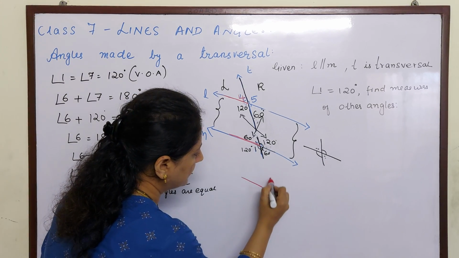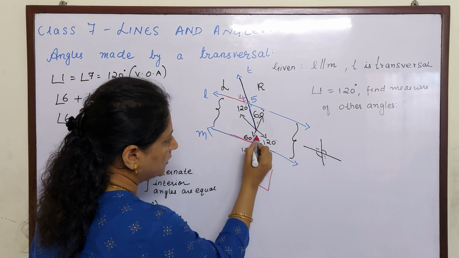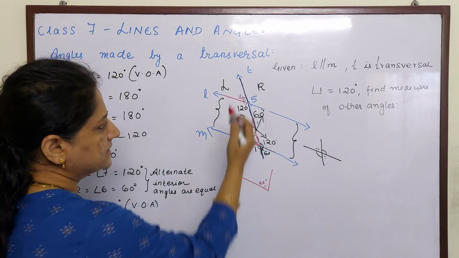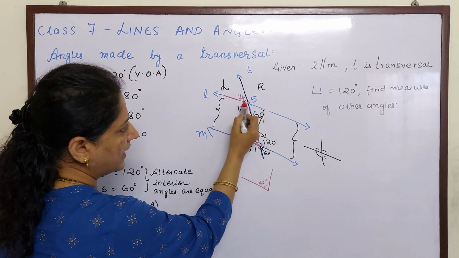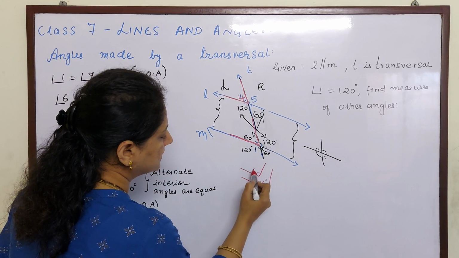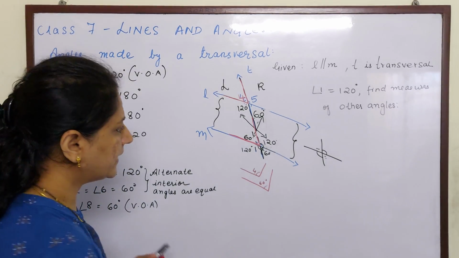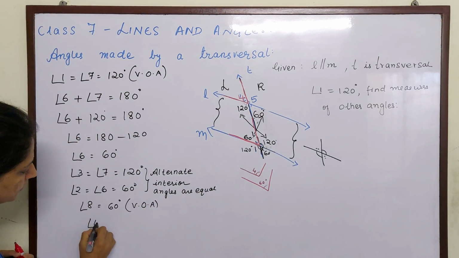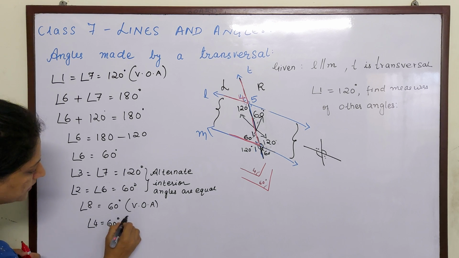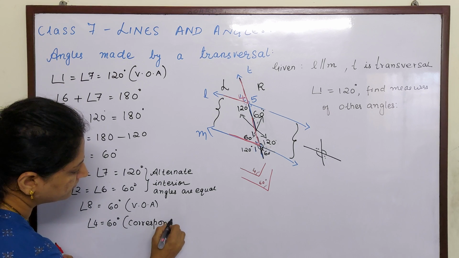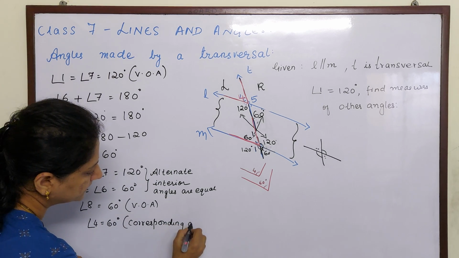This is going like this from here upwards. This is 60 degrees, right? And on the left hand side, even angle 4 is forming the same pattern, that is 60 degrees. So I can say that angle 4 is equal to 60 degrees because they are corresponding angles forming the same pattern.